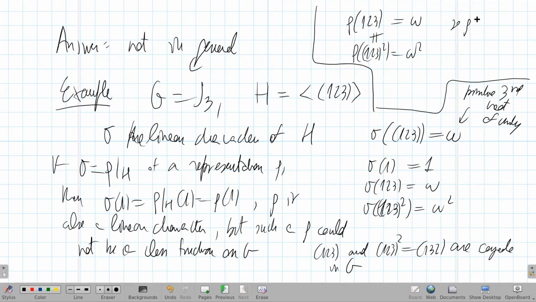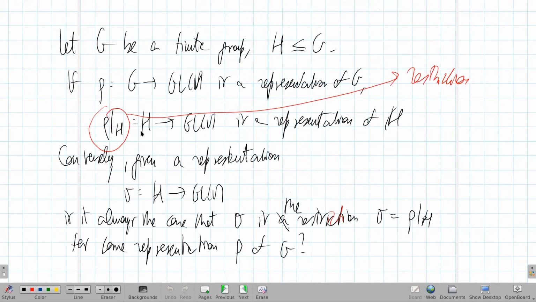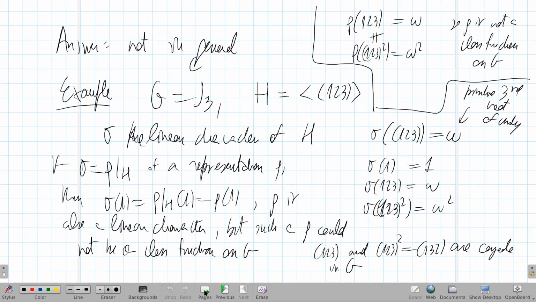So rho is not a class function on G. And also you can see that if you look at the linear characters of G, there is no linear character that takes this value. So in general, whereas you can always do restriction from top to bottom, you're not always allowed to go in the other direction.